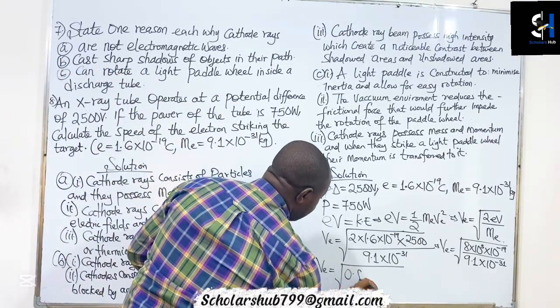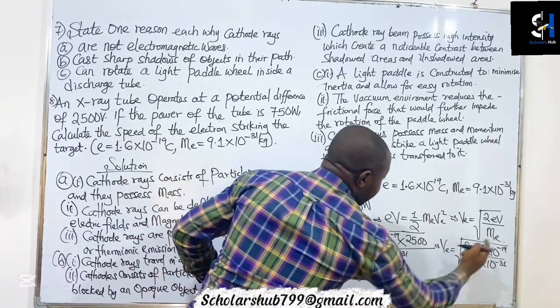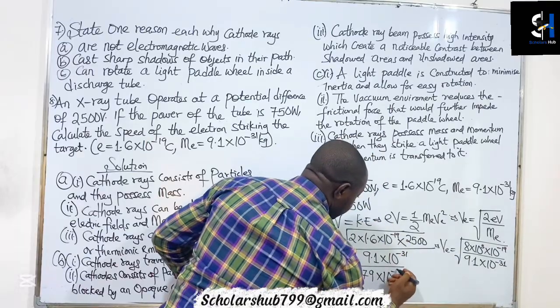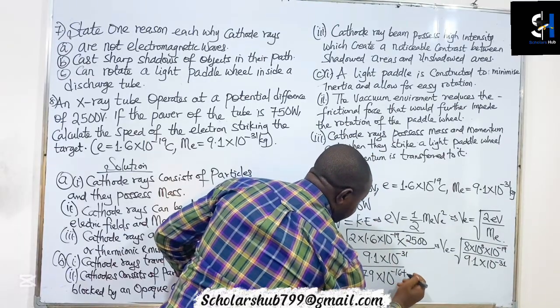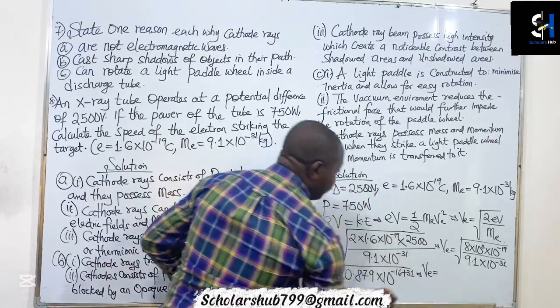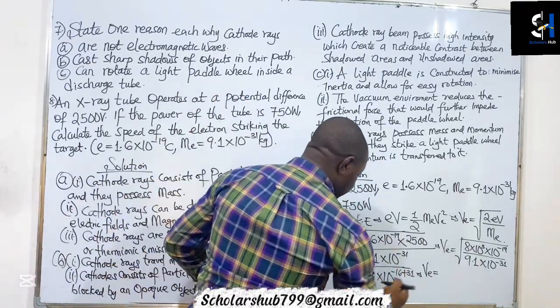So we have 0.879 multiplied by 10 raised to the power of minus 19 plus 31, which will be 15 after bringing it up.